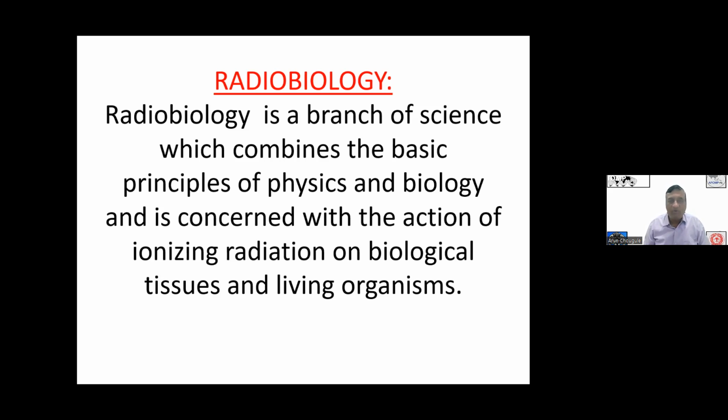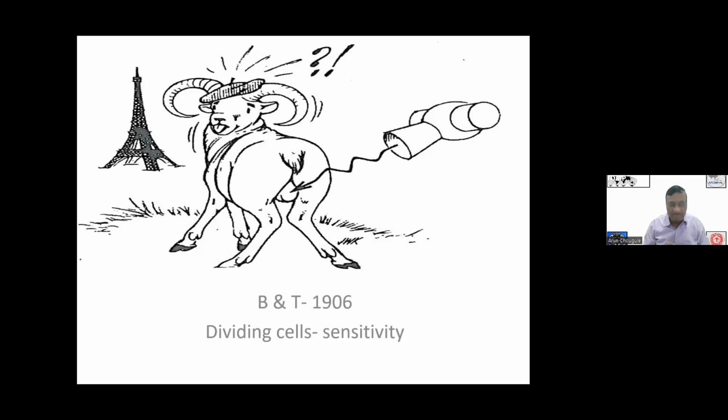And when I'm talking about radiobiology, the radiation is ionizing radiation. Way back in 1906, Bergonié and Tribondeau irradiated the scrotum of a ship by X-ray, because at that time we had X-rays only.